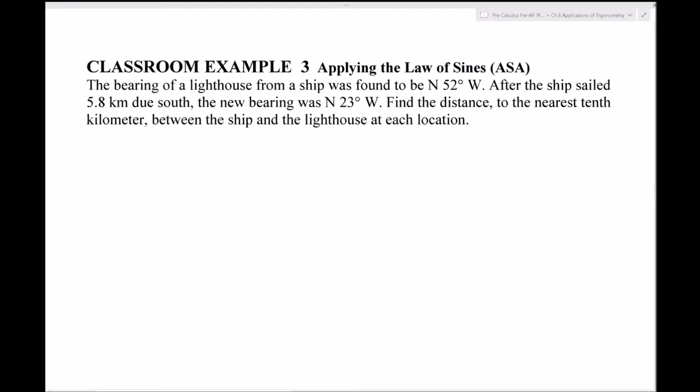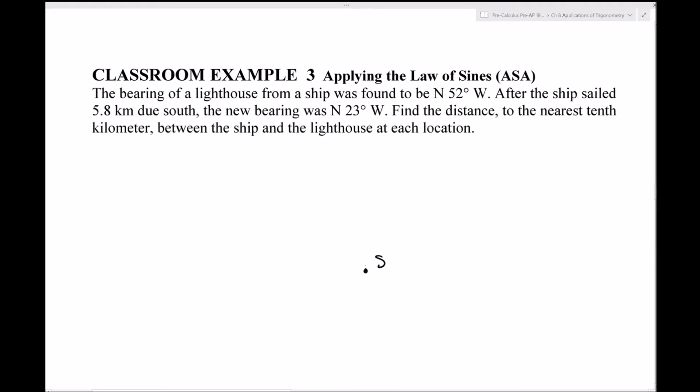So we have a ship. I'll call it S. That's the initial location. And there's a lighthouse somewhere. If this is the north axis, we go towards the west axis, 52 degrees. That's how we draw that angle given the bearing description. So that's a 52, by the way.